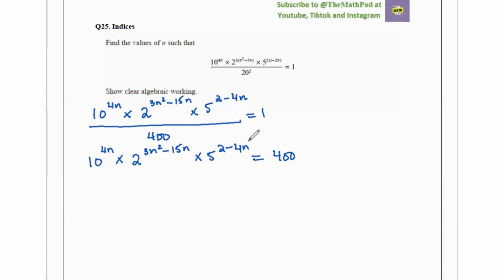Next, I would like to split the 10 to the power of 4n into 5 times 2, because 10 is basically 5 times 2. So that's 5 times 2 whole power 4n.